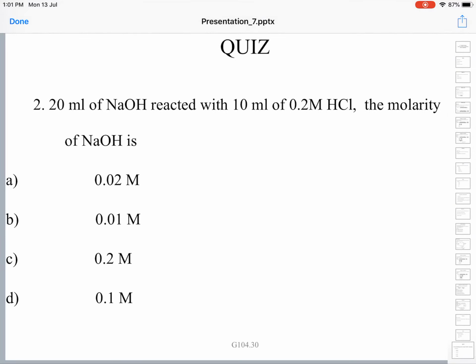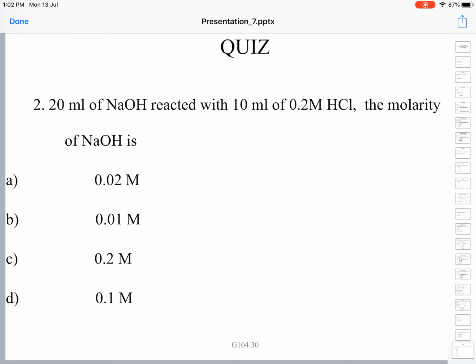Here a small problem is given. 20 ml of NaOH is reacted with 10 ml of 0.02 HCl solution. The molarity of NaOH is equal to? So, V1 is equal to 20, M1 is being asked, V2 is equal to 10 and M2 is equal to 0.02.